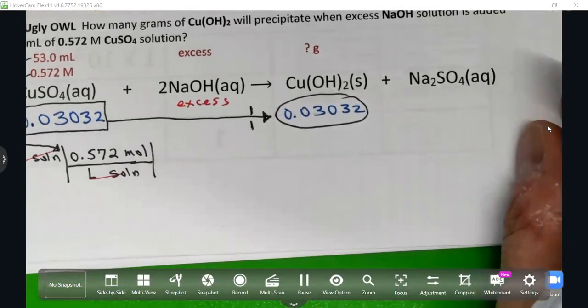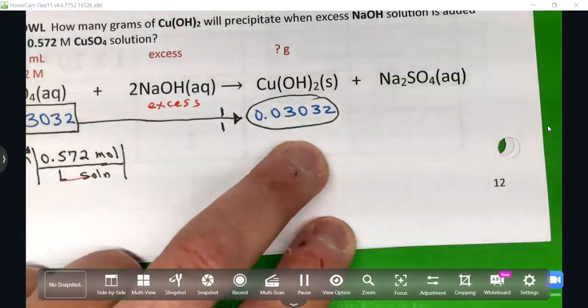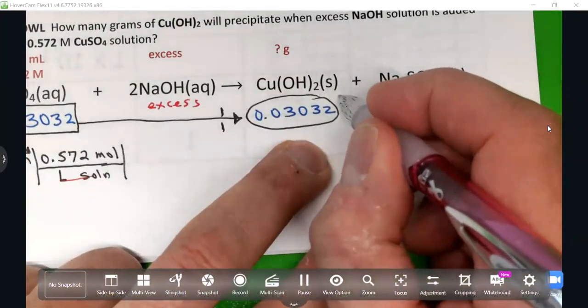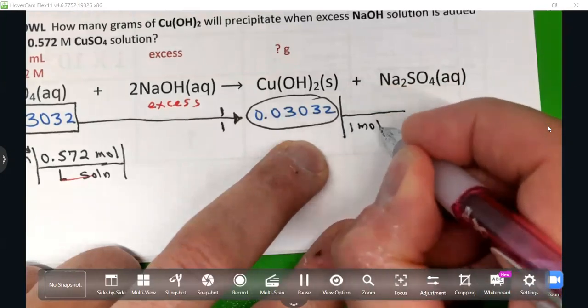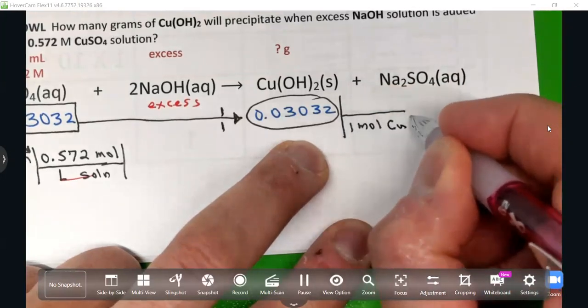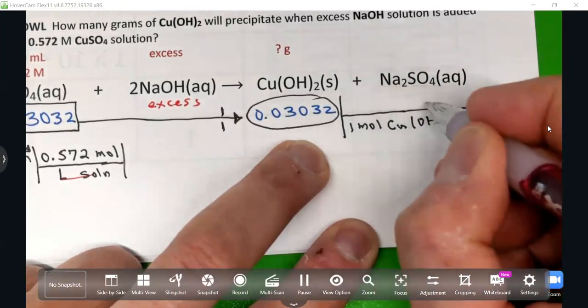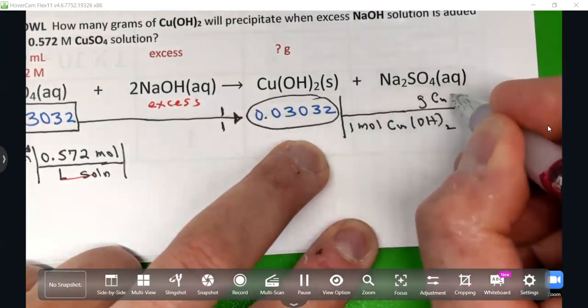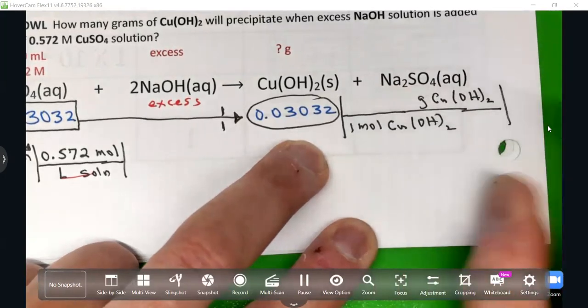And then again, the solution technique is the same here. We are going to go 1 mole to grams. So 1 mole of copper 2 hydroxide to grams.